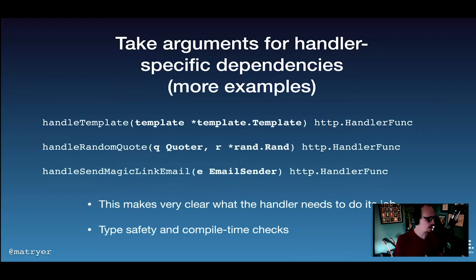Although Roberto Clapis points out that if in production you're using random numbers, in tests you should use random numbers too. But that's up to you. Either way, you don't get this random quote generator without giving it the random number generator. So again, type safety, compile time checks.